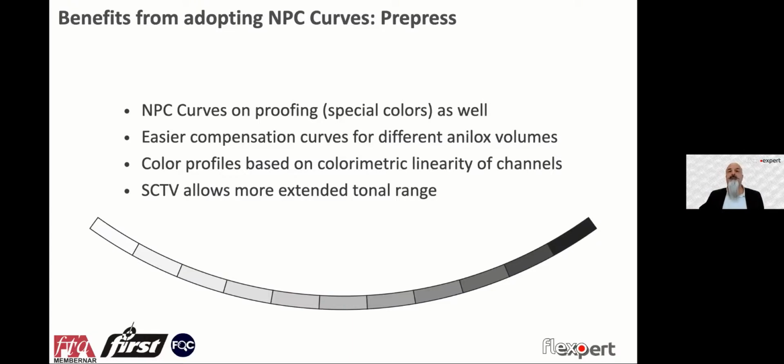Different curves needed for different volumes of analog source will be very easy to target, and color profiles will rely on a closer colorimetric linearity of CMYK channels. And if you spend a lot of time in prepress for retouching those images, you really will enjoy the extended tonal range allowed by SCTV calibration.